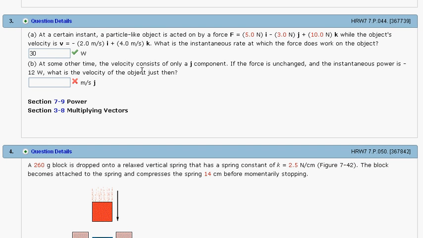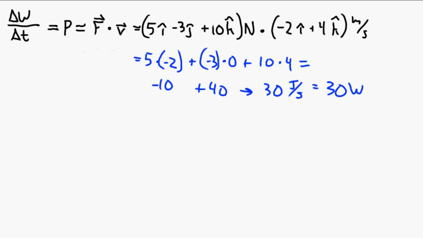At some other time, the velocity consists only of a j component. If the force is unchanged and the instantaneous power is negative 12 watts, what is the velocity of the object just then? So let's once again apply power equals force dot velocity. We know our force is unchanged, so this is 5i hat minus 3j hat plus 10k hat.